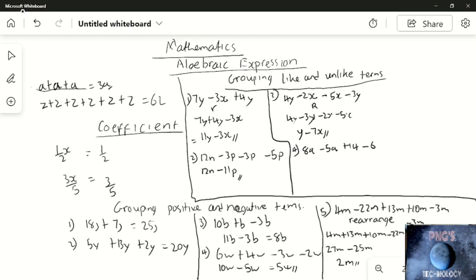So 8a minus 5a is just like 8 minus 5, that is 3, so we have it as 3a. Then plus 14 minus 6, that should be 8. So we have it as just plus 8. So this will be our final answer.